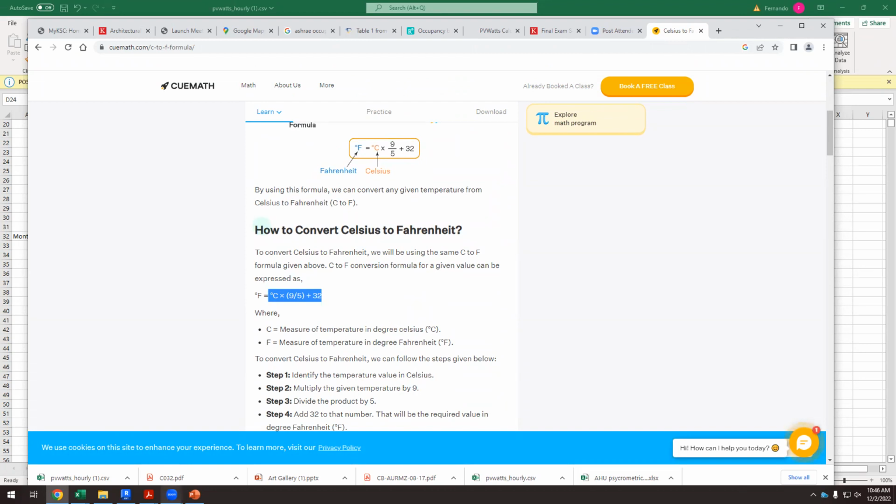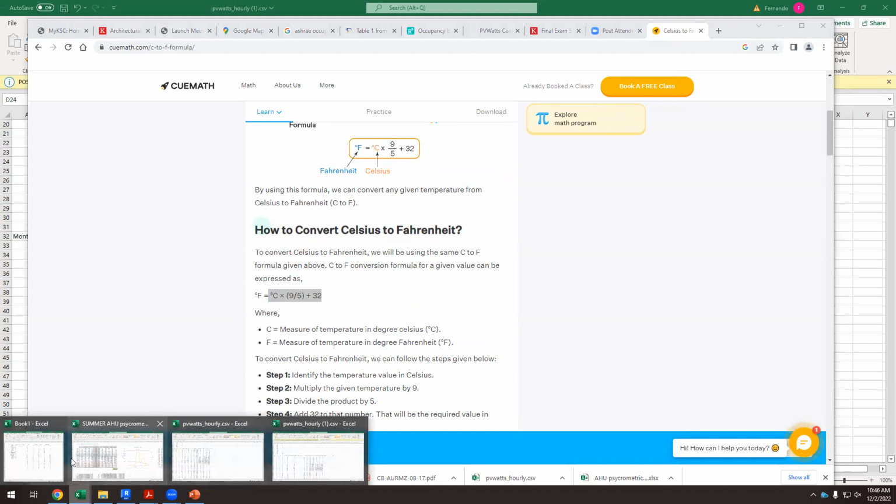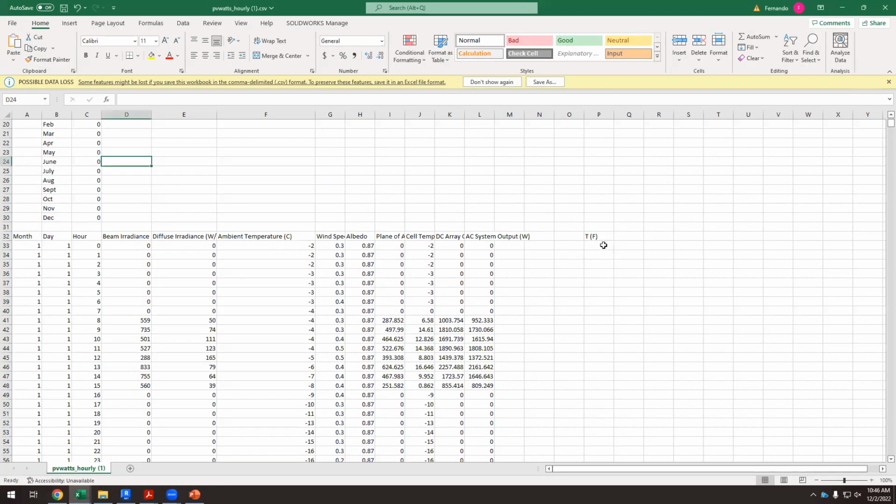I'm going to copy this and I'm going to paste it here. So that cell equals this. So now I have to replace this number by the temperature in Celsius. Click OK.